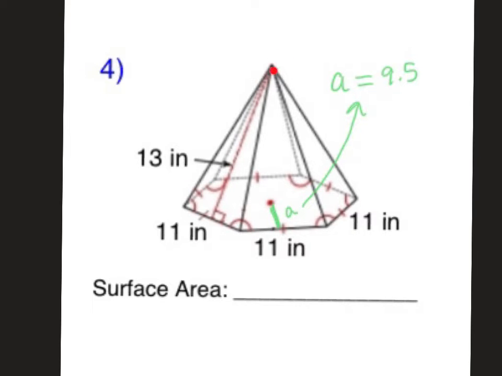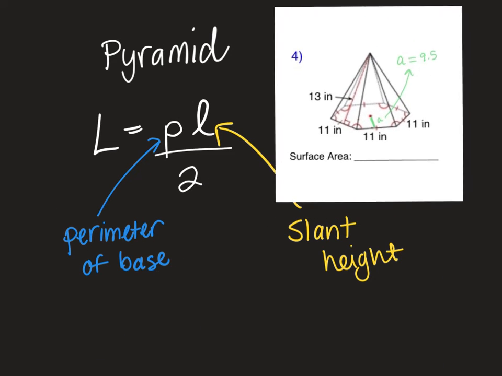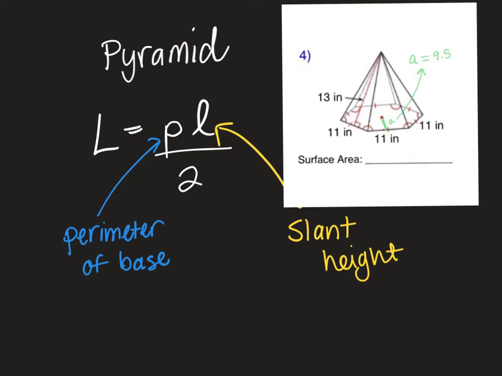So it's the height of one of the triangles that makes up the pyramid. Does that make sense? So it's the diagonal height. That's the one time that height is going to be slanted. So again, slant height is going to be this part here. And then the perimeter of the base, remember, you just add up all the sides of the base. So you would add up those 6 sides.